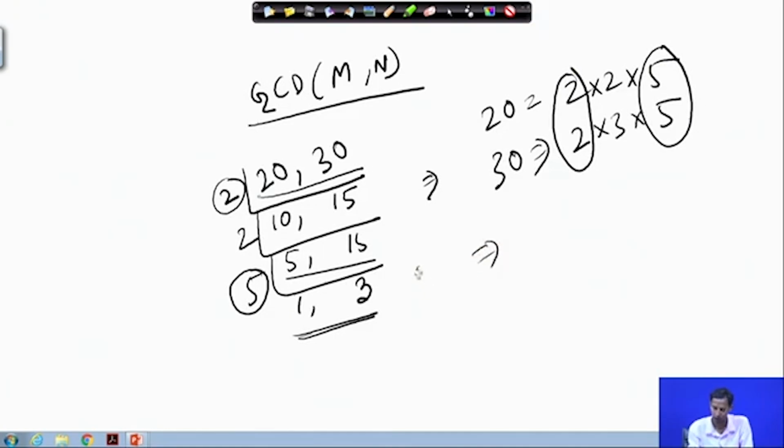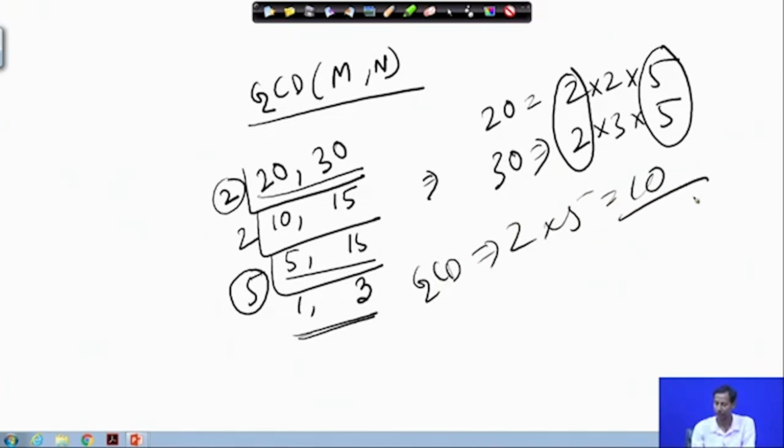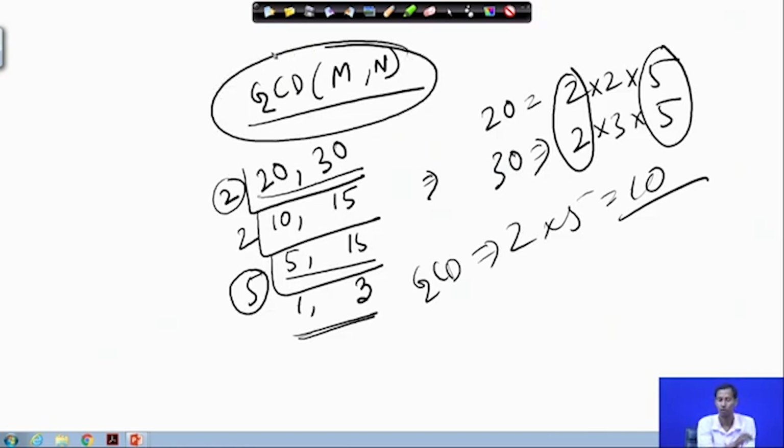So the GCD value is 2 into 5, that is 10. So 10 is the greatest number which can divide both 20 as well as 30. I have to implement a circuit where I put in the values of m and n, and it will produce the GCD of them. So, how can I do that?